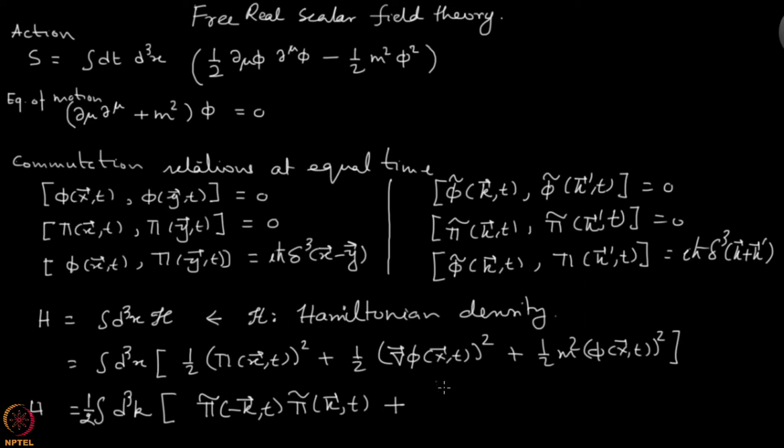And then here we had a term which was omega k squared phi tilde of minus k t and phi tilde of k t, where omega k squared is k squared plus m squared.